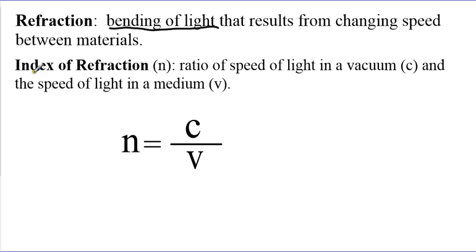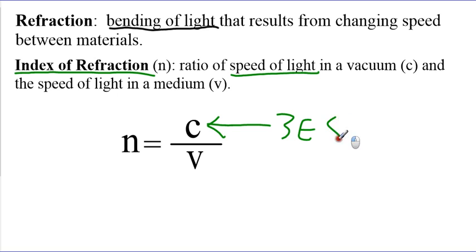And the way we quantify this is through the use of the index of refraction, which we have as a ratio between the speed of light, the c, that's 3 times 10 to the 8th, and the speed of light in the medium, so that'll be the v, whatever the speed of light in that particular medium is.